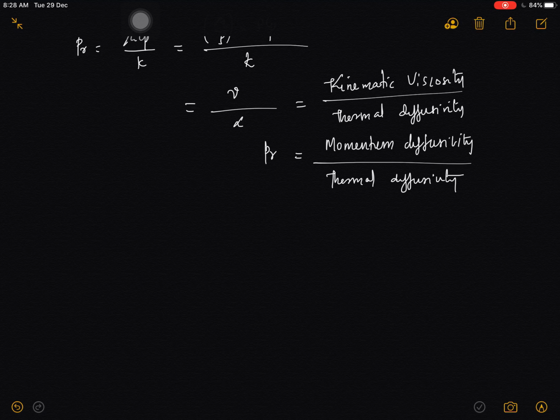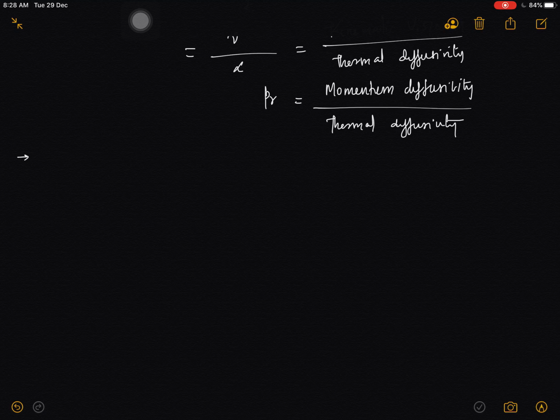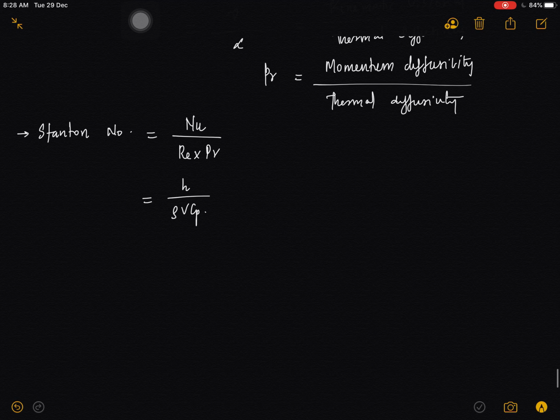Okay, and along with these three dimensionless numbers, that is Nusselt number, Reynolds number, and Prandtl number, we have another dimensionless number, the Stanton number. This is the ratio of Nusselt number to Reynolds number times Prandtl number, and can also be written as h by rho V into Cp. This is nothing but the Stanton number, denoted by the letters St.